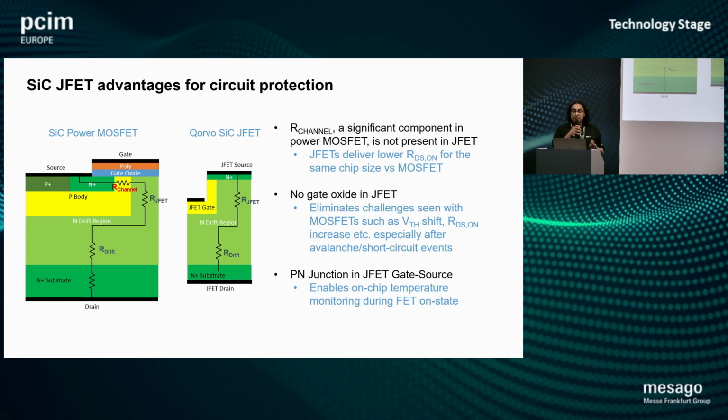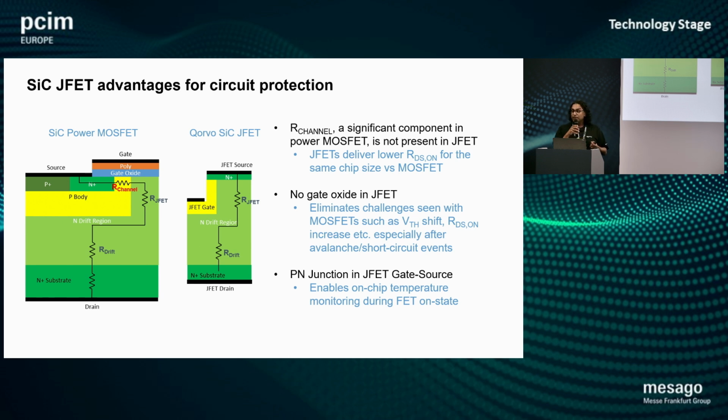As a result, within the same given chip size, you're able to achieve much lower resistances with the silicon carbide JFET technology. What that means is in an industry standard package, we can offer a much lower on resistance with the JFET technology than a power MOSFET technology.